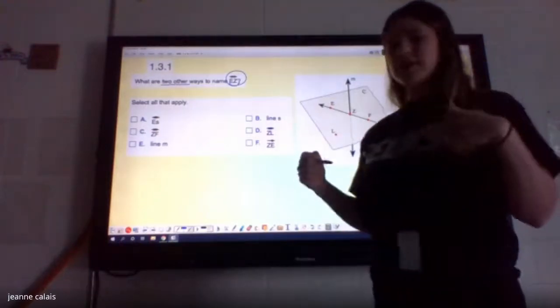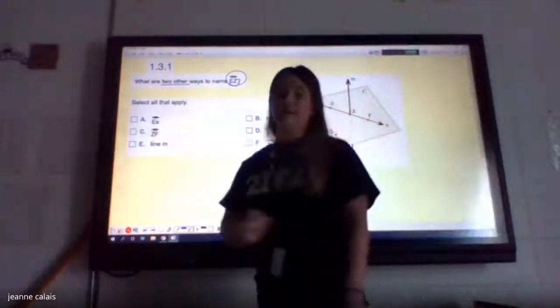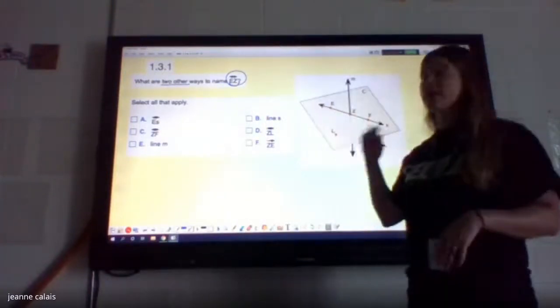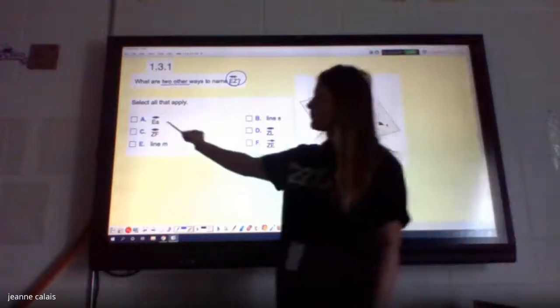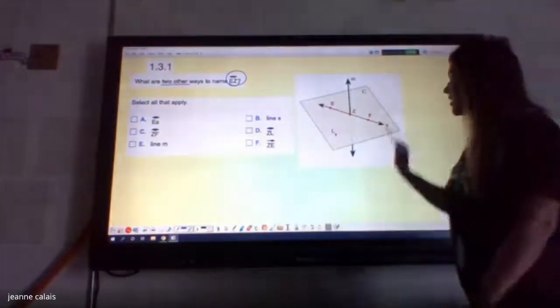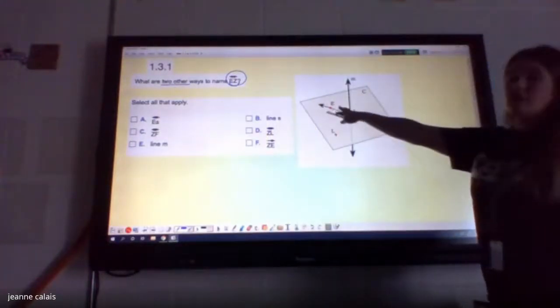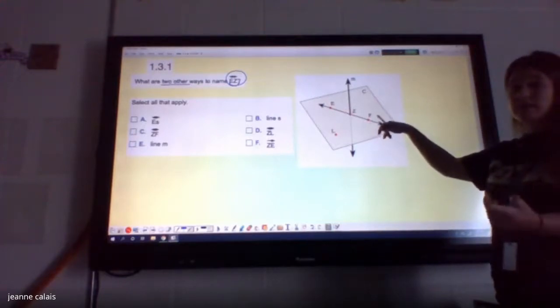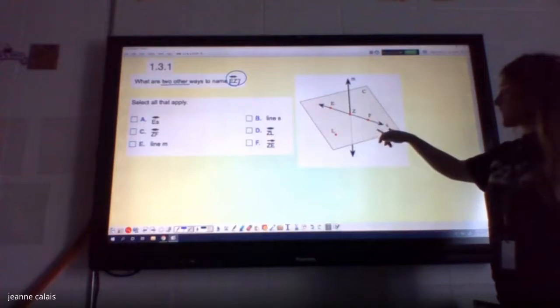So you take one choice at a time. The first choice has a line, okay? That's good. However, you have to make sure that it fits the criteria of what's being asked. So it's a capital E and a lowercase s. And if I look at the picture, E is on the line, but lowercase s is not representing a point, as we discussed in the last video, the first half of this lesson.